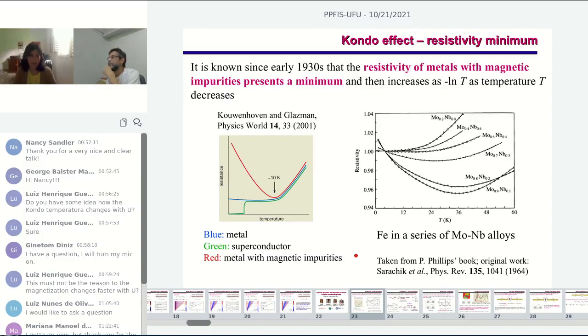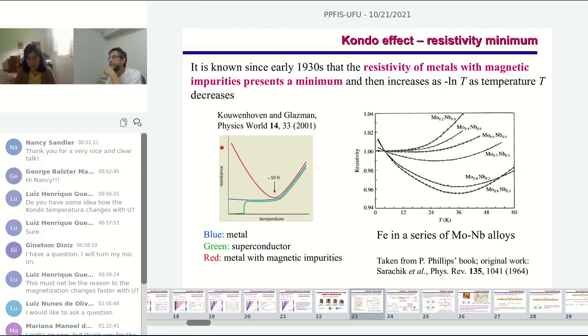Okay, I know some of you are experts in the Kondo effect, but there are probably students in the audience, so I will spend a couple of slides making an introduction to the Kondo effect. We have known since the early 1930s that the resistivity of metals with magnetic impurities presents a minimum.